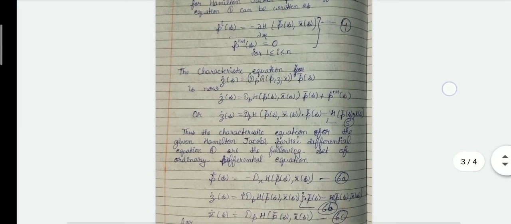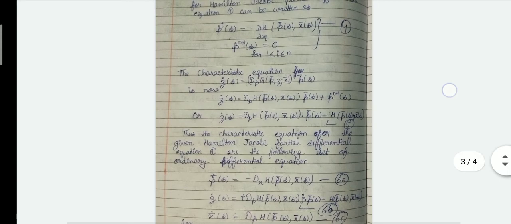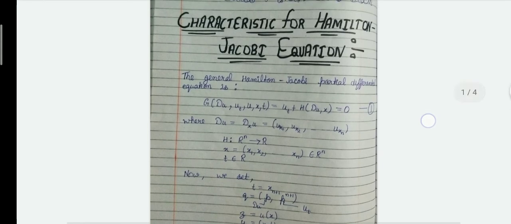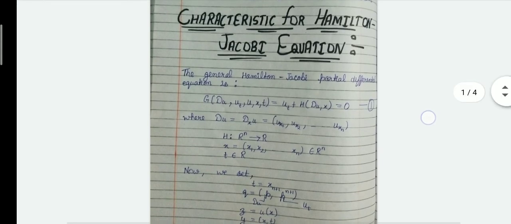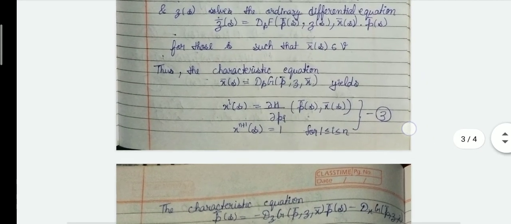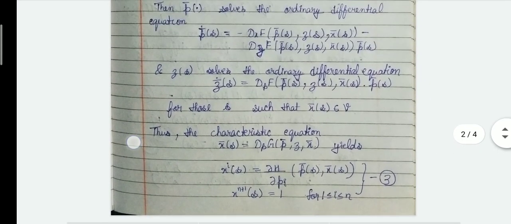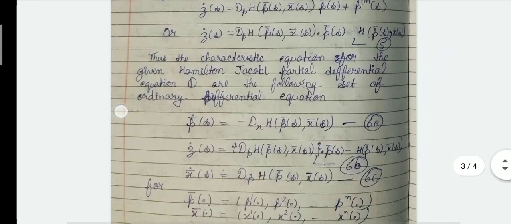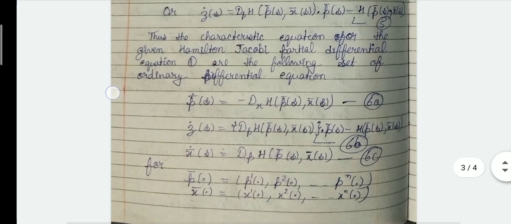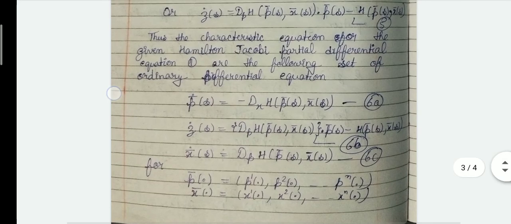Now the characteristic equations for the given Hamilton-Jacobi partial differential equation 1. Equation 1 is g of Du, ut, u, x, t equals ut plus h of Du, x. The partial differential equation becomes p-bar dot of s, z dot of s and x-bar dot of s.